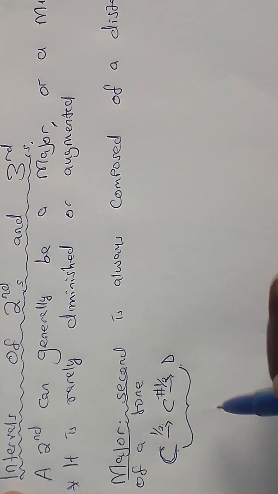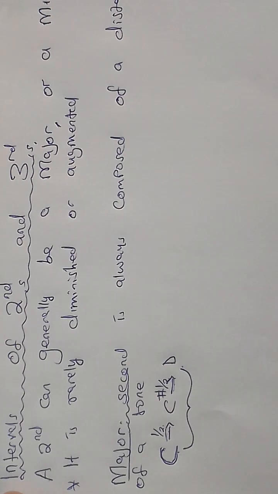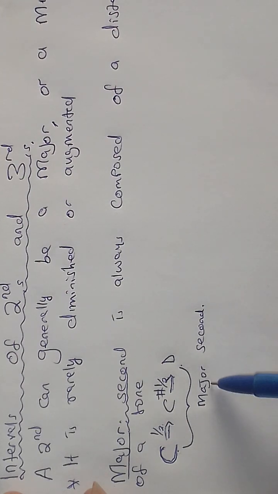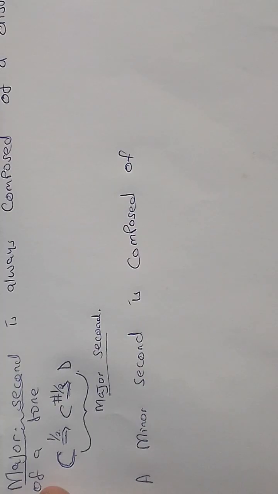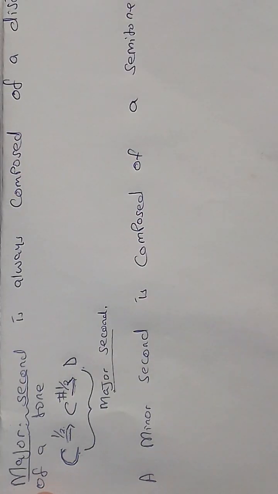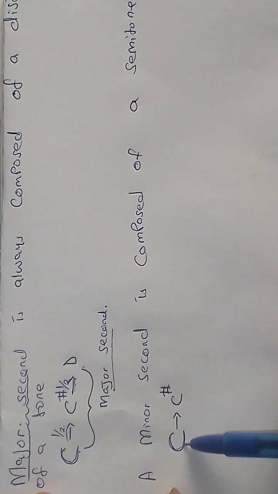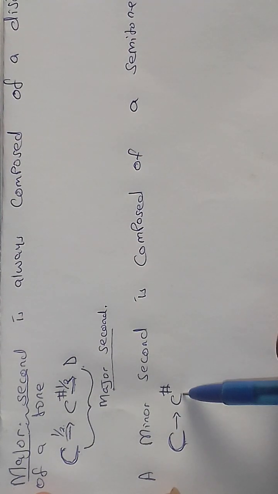Hence, the interval is a major second. A minor second is usually composed of a semitone. Say for example, we are moving from key C to C sharp. Then the second will be a minor. The interval will be a minor second.